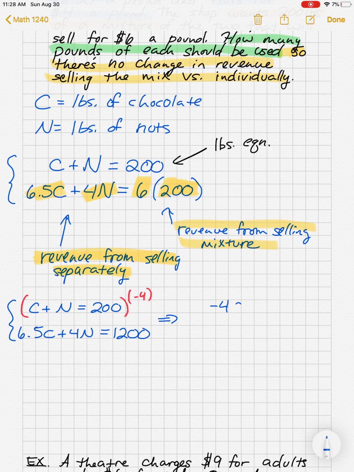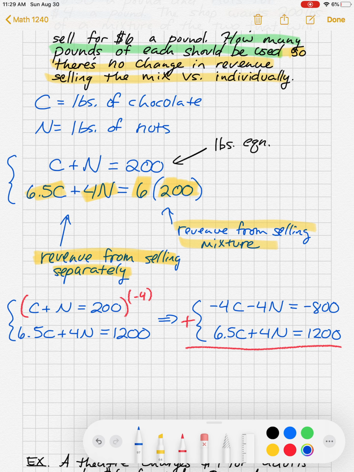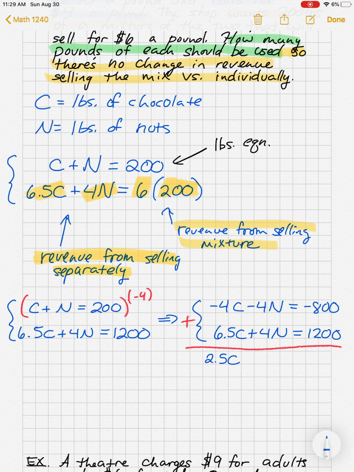Therefore, let's see, I have -4c minus 4n is -800. Add together on both sides of the equal sign. So what is that? 2.5c is 400.